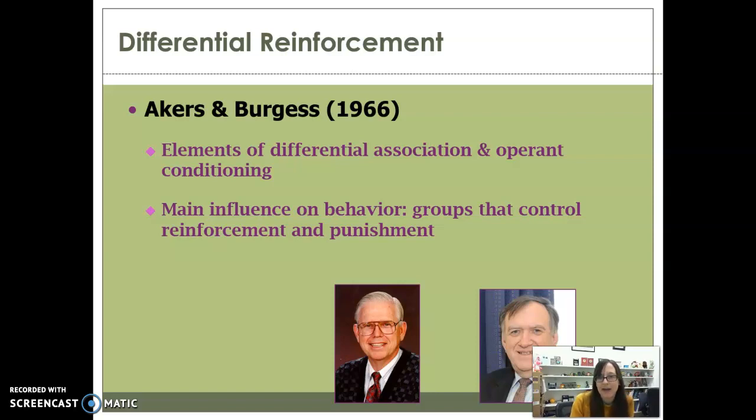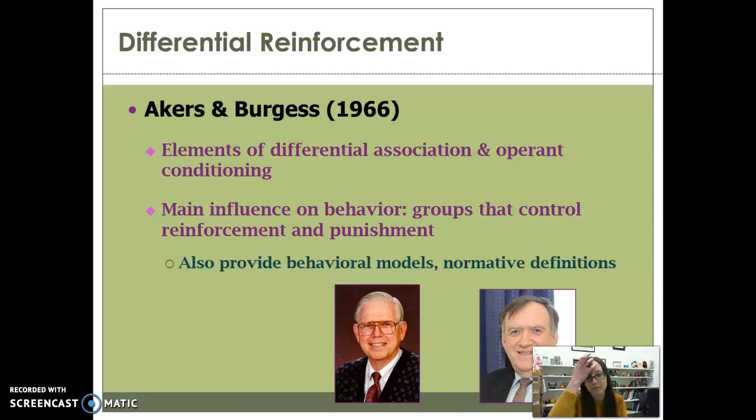Whether that's deviant peers or some other deviants in your life that are teaching you how to behave, it's typically peers. They're not only providing those either rewards or punishments, but they're also providing behavioral models and what's considered normal.